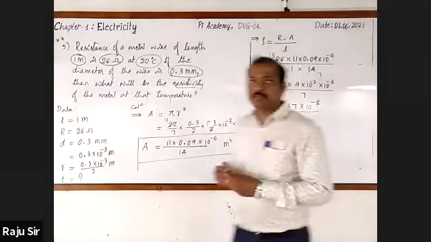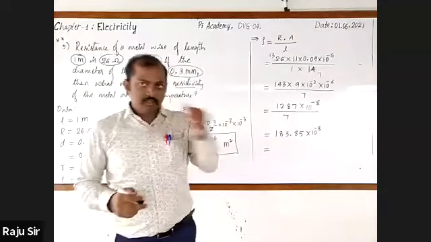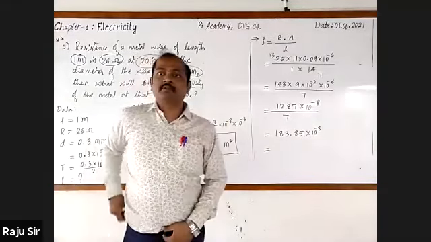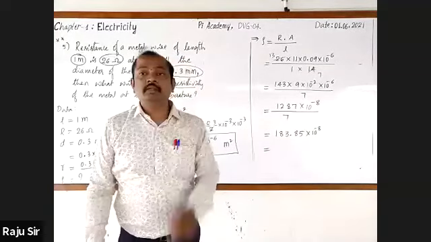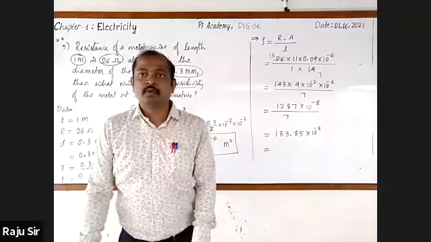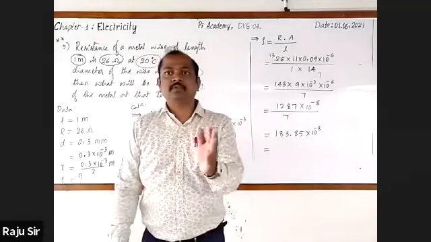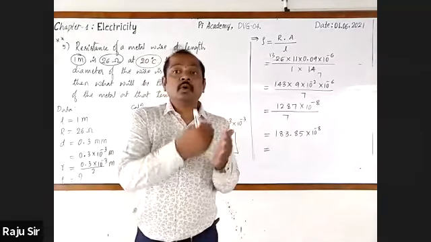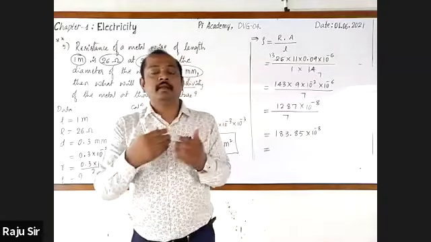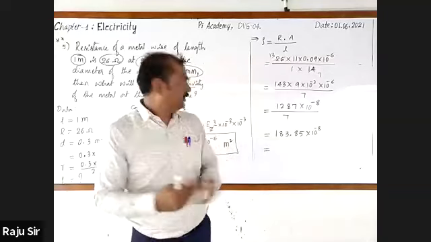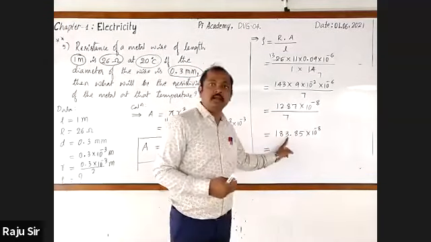Dear students, you all know that here we will go for expressing the final answer in scientific notation. While expressing the values in scientific notation, the whole number part should be less than 10. Here we have 183.